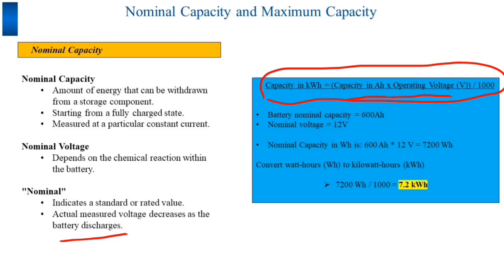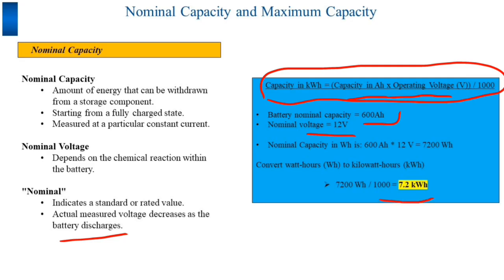For example, if a battery has a nominal capacity of 600 ampere hours and a nominal voltage of 12 volts, its overall nominal capacity will be around 7.2 kilowatt hours.